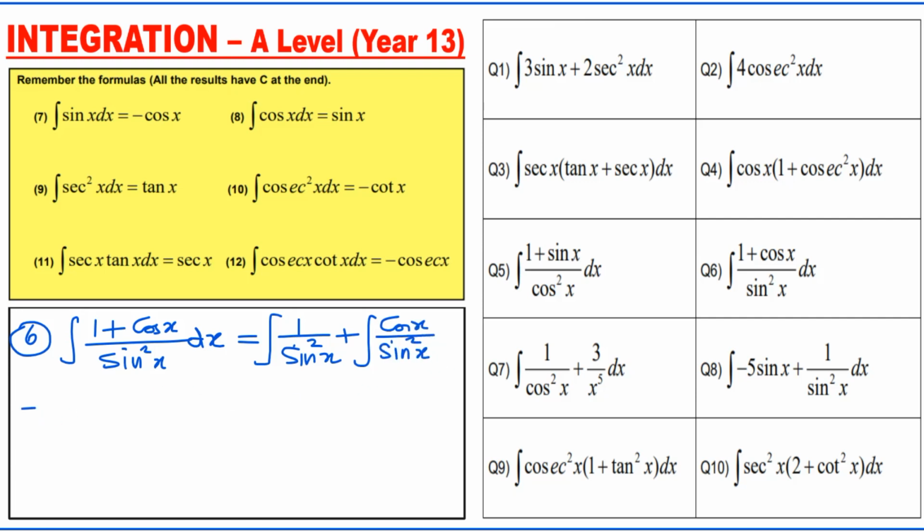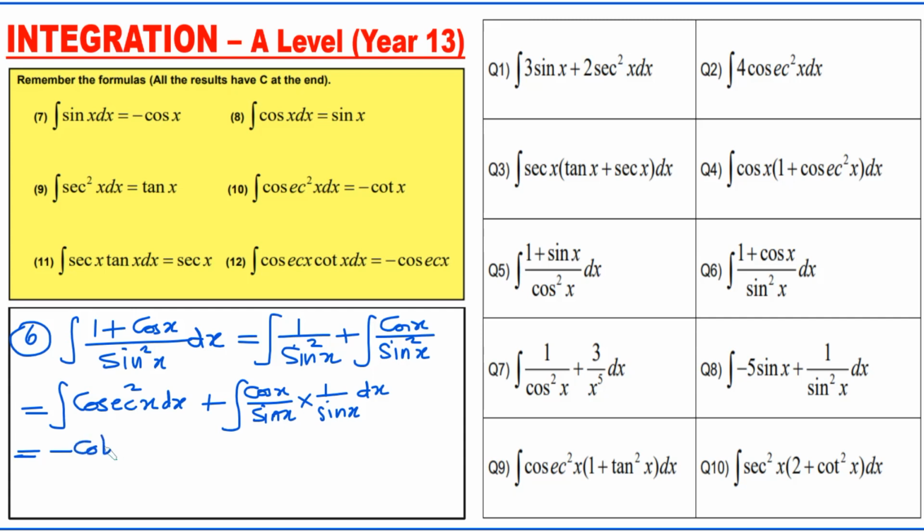Now we need to use the trig function. 1 over sine squared is cosec squared x dx plus integration, cos over sine is cot x over sine x times 1 over sine x dx. Now I'm going to apply the ready-made formula, which is for cosec squared x, we know ready-made formula available, minus cot x.